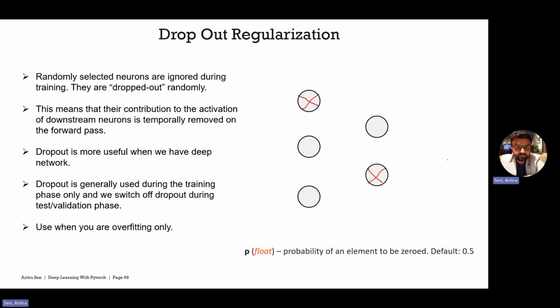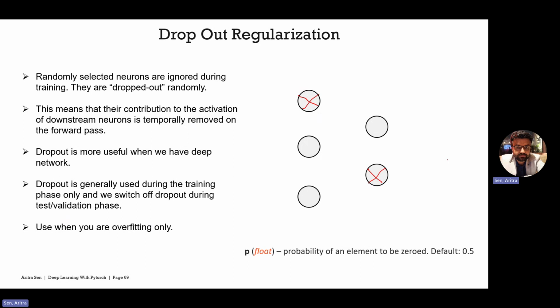So here with this concept, you will see these are the nodes which are crossed out. They will be dropped out during the training process, and they will not contribute while doing the backpropagation, right? A few things to remember when using dropout: dropout is only used during the training phase, and it is switched off during the inference phase, where we are doing the test or validation phase, right?